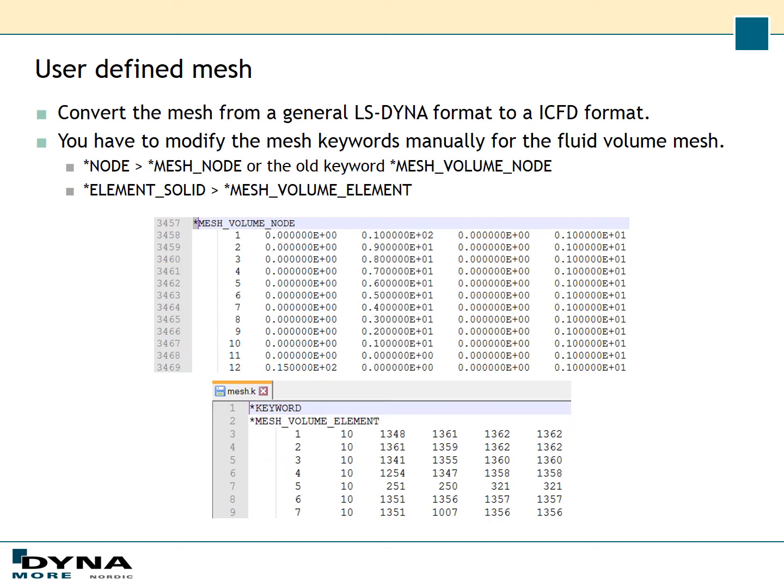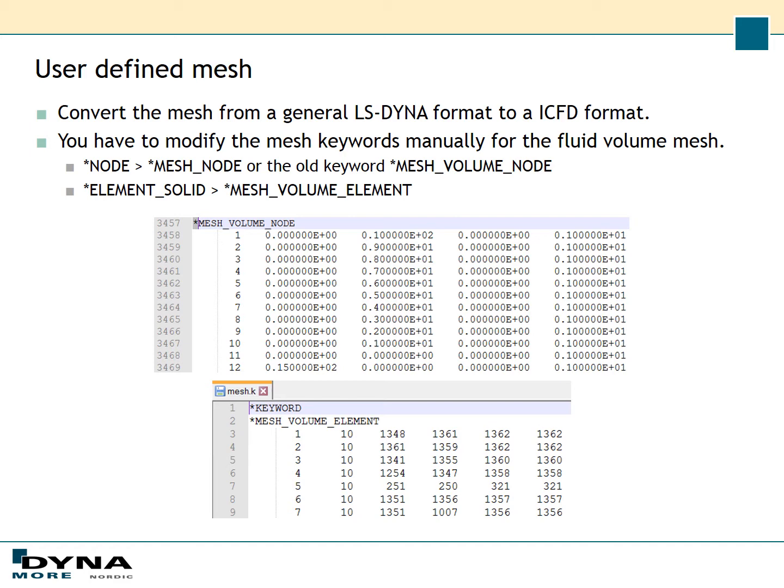When you have created a mesh, you have to convert it from the general LS-DYNA format to the ICFD format. You have to modify the mesh keywords manually for the fluid volume mesh. The automatic way in LS-PrePost does not support a 3D mesh, it only supports surface meshes.